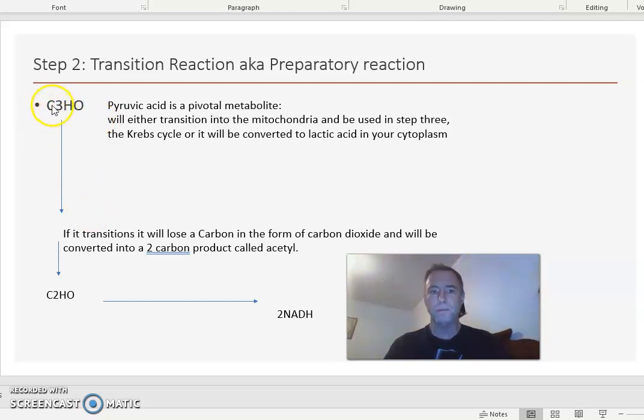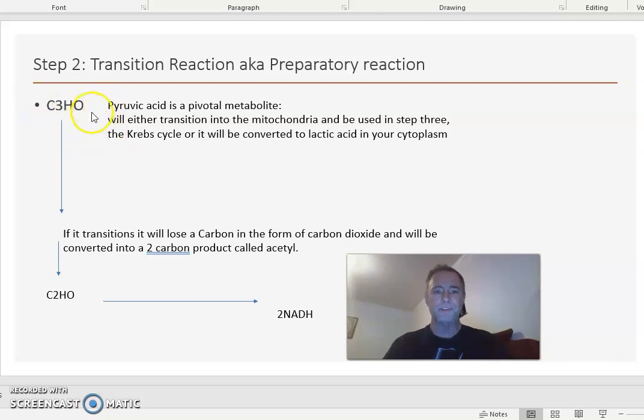So this 3-carbon product will lose one of its carbon dioxides and oxygen. Since there's 2 of these going through that step, we're going to lose 2 carbon dioxides at that step. Well, if I have a 3-carbon product named pyruvic acid and I lose a carbon in the form of carbon dioxide, now I have a 2-carbon product, and this 2-carbon product is actually called acetyl.